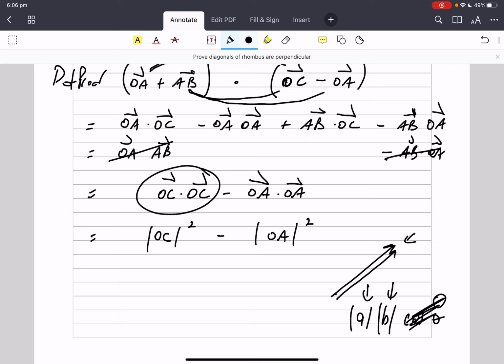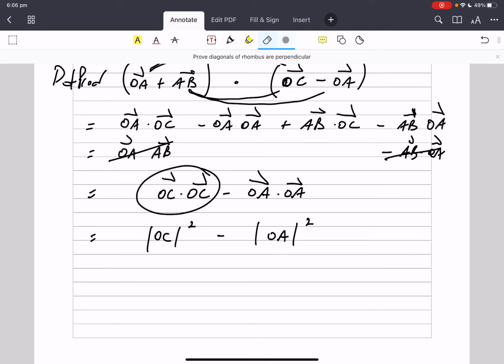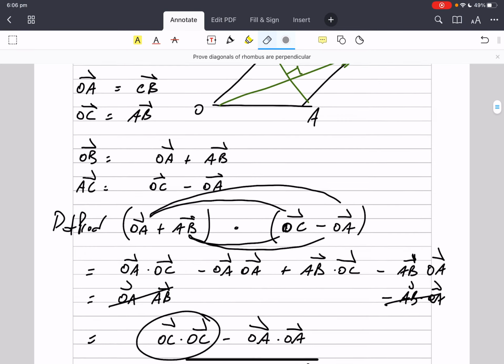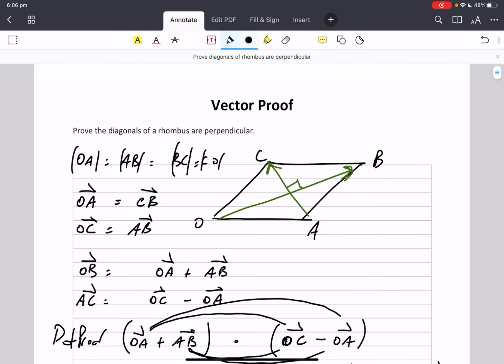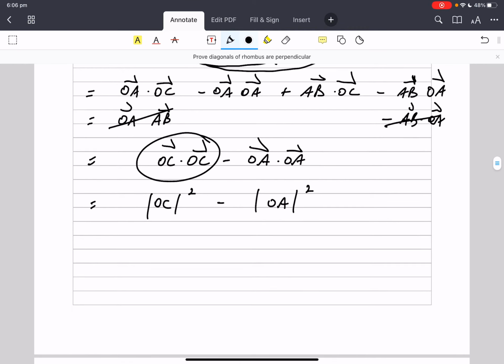OA. And we actually see up the top here that OC and OA have the same magnitude. So that distance and that distance are the same. So when I subtract them, I get 0. And that's it, QED.